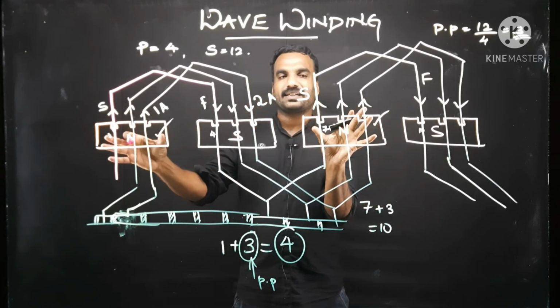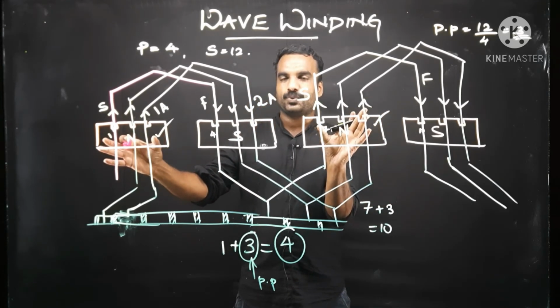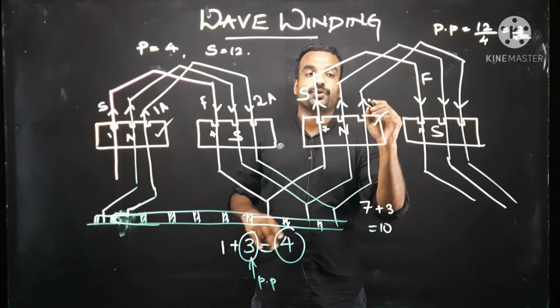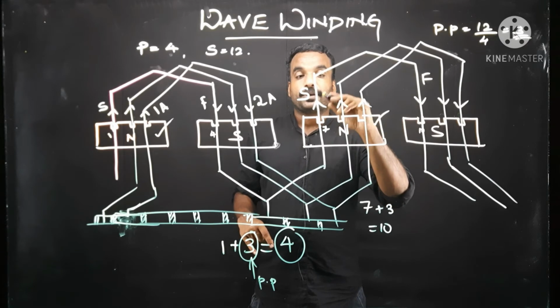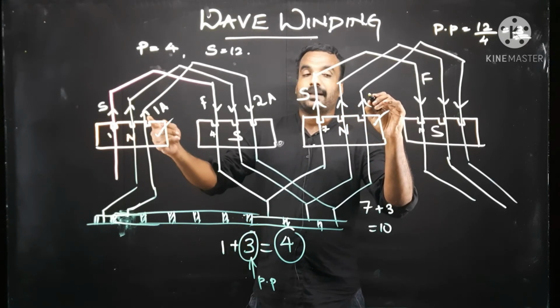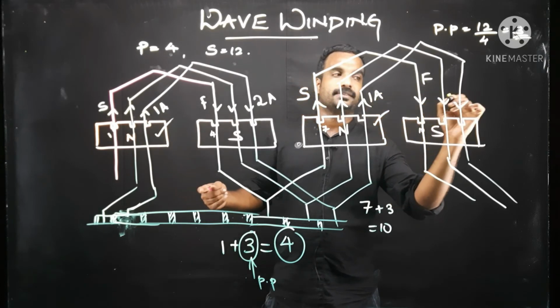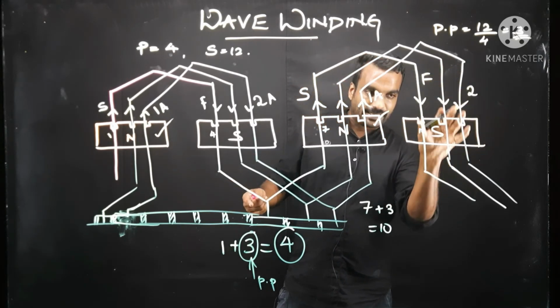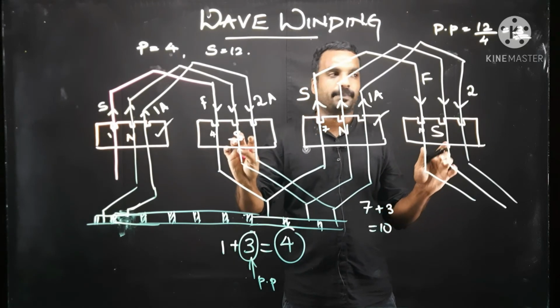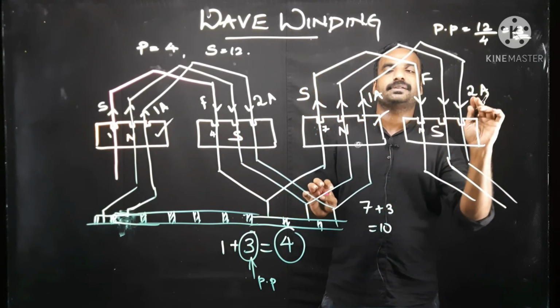So both are the same in magnitude and in direction, and these are connected also. So you have to take this group of conductors also as the first parallel path. Again this is the first parallel path. This is also going downside but exactly the same as this parallel path, so this is also the second parallel path.